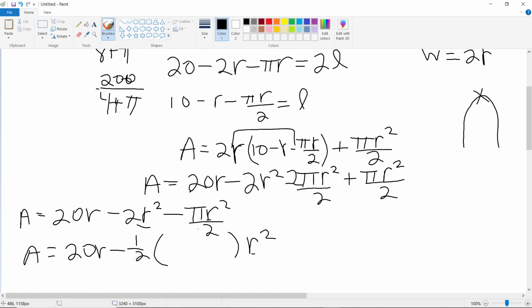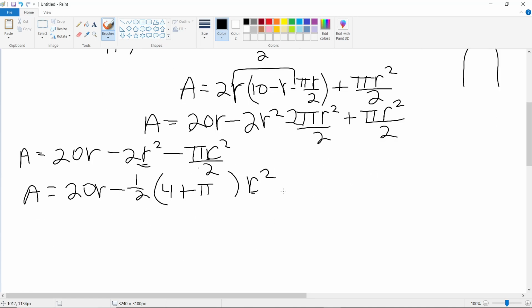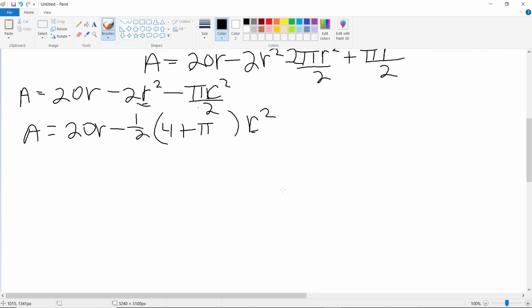So negative 2 divided by negative 1/2 is 4. And negative pi over 2 divided by negative 1/2 is positive pi. Both of them have an r squared in it. All right, so there's my area, equals 20r minus 1/2, 4 plus pi times r squared.